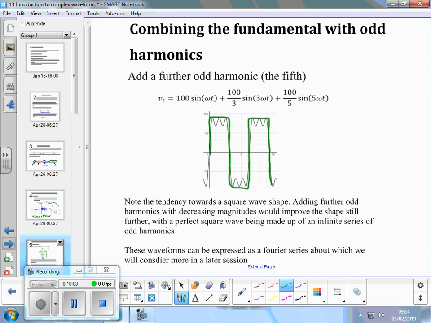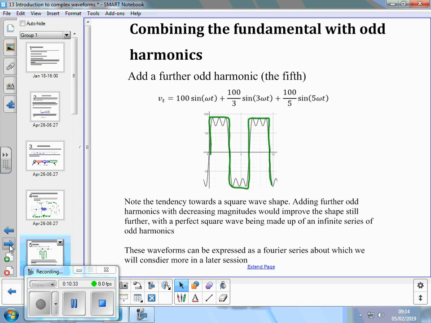You'll gradually see it reduce this ripple on the top, and turn it closer and closer to a square wave, because a square wave is an infinite series of odd harmonics where the amplitude reduces by a factor of the harmonic number.